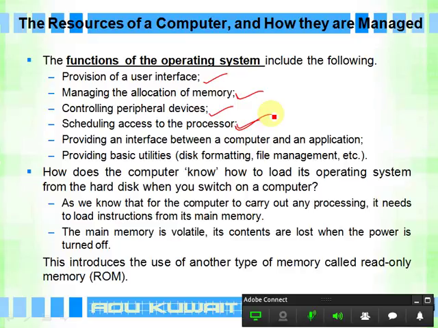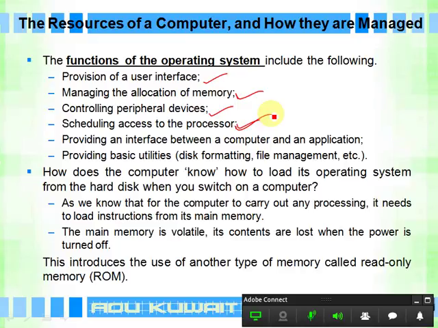Scheduling of the processor, what will it do? It will take all these 4 programs, it will give the first program 1 second. It will go and do 1 second. After 1 second, it will give a chance to the other. After the 1 second, it will give the chance to the other. So the operating system will decide it. You have no interaction with that.